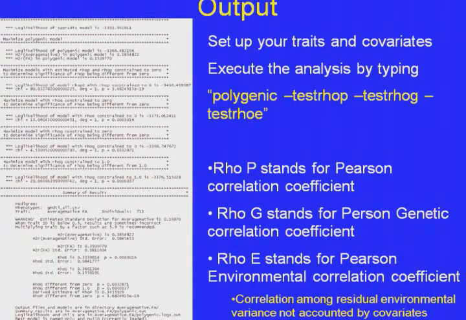Then you get raw G, which stands for Pearson genetic correlation coefficient, and then raw E, which stands for Pearson environmental correlation coefficient, which is a correlation among residual environmental variants that could not be accounted for by existing covariates.